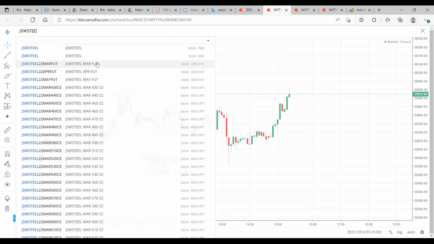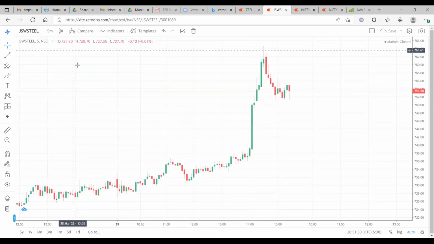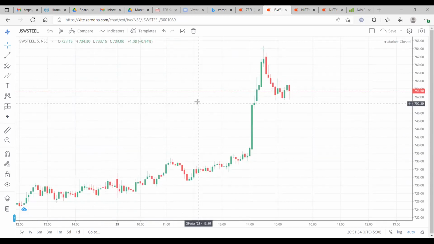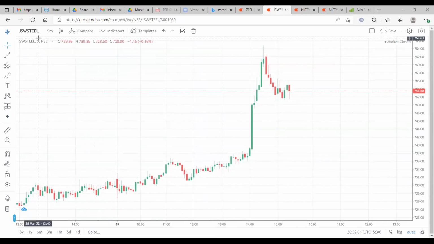We will come to this. Okay, what is futures and so on, we will discuss what are these and why these many are there, first of all. Yeah. So JSW Steel, NSE stock. So the chart changed because this chart or this variation is with respect to JSW Steel. Now you have to read it like JSW Steel. I'll come to the time frame, and this is NSE.